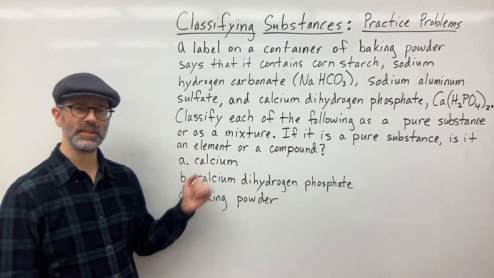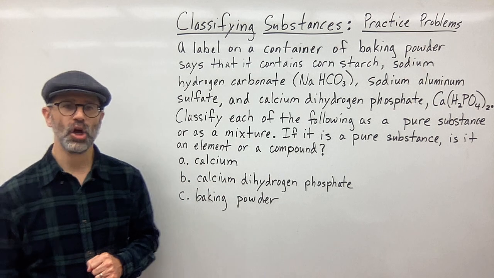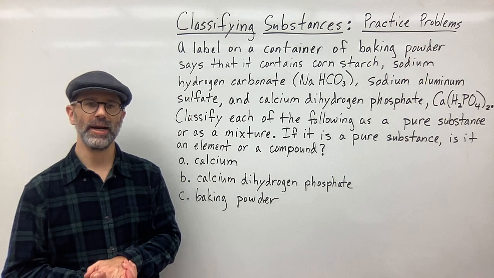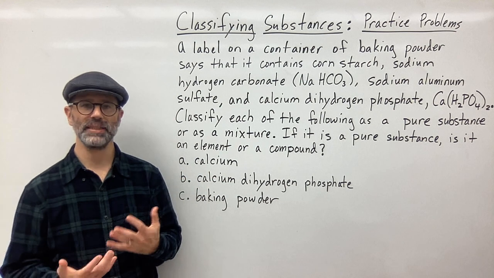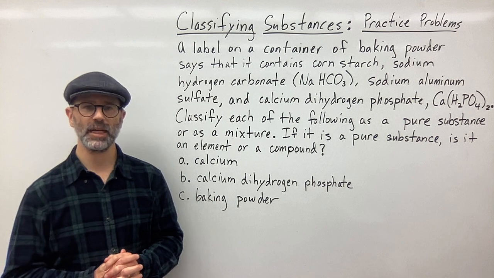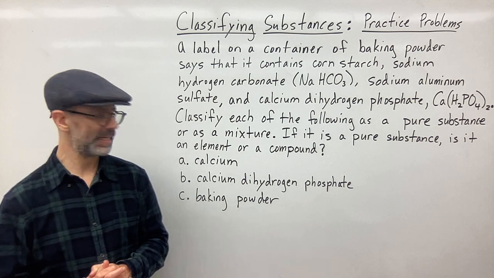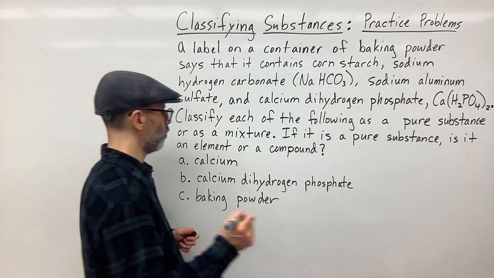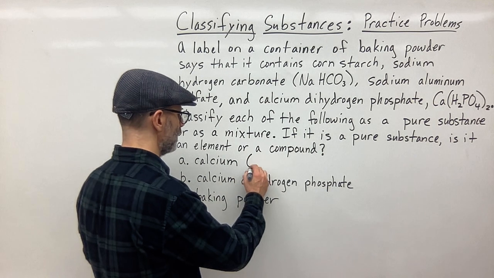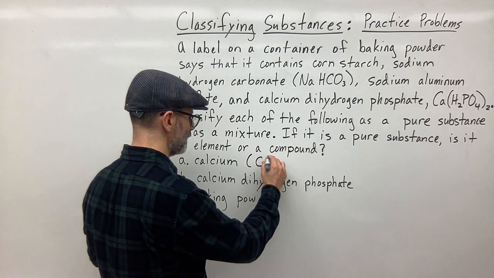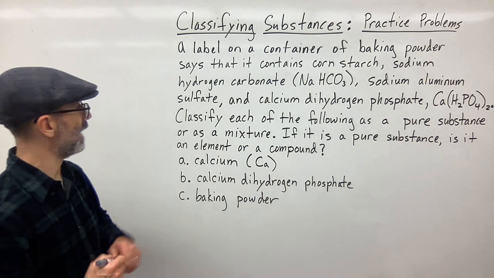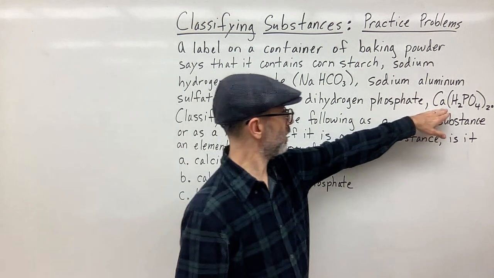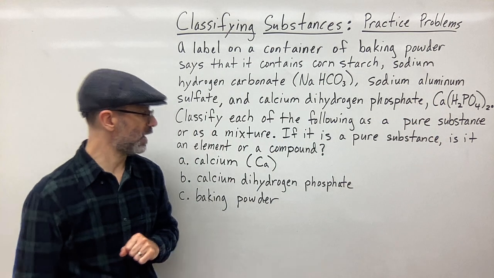So the first substance is calcium. First, you want to ask yourself, calcium, is that something found on the periodic table? And it certainly is. Also, it can be represented by a formula. In this case, the symbol is Ca. We see that here in the calcium dihydrogen phosphate.